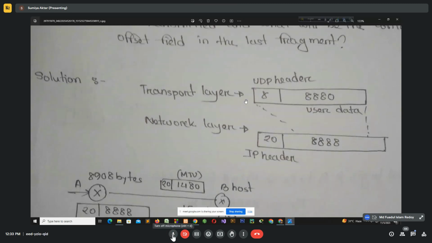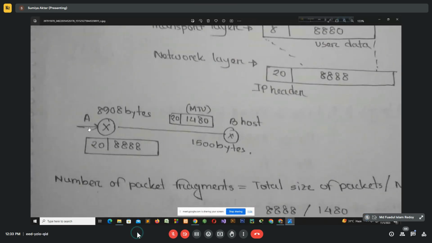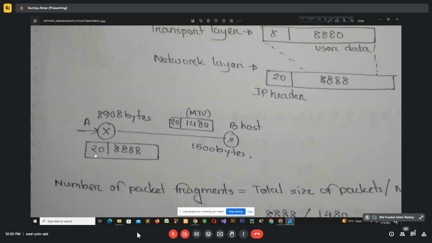Did you see the line I drew here? These two will be added and sent to the network layer. And then from host A to host B, this data will be sent. So I added these two to show that this is the maximum data which host A can send to host B.